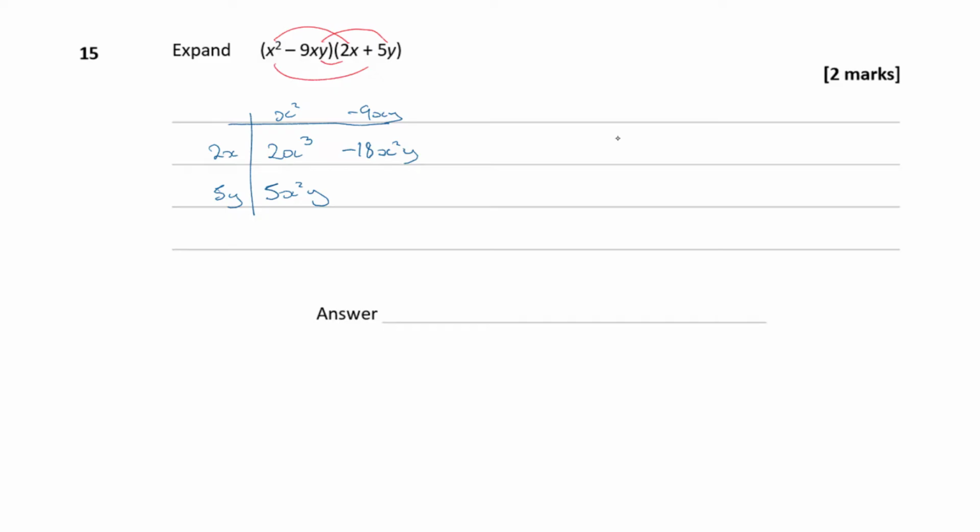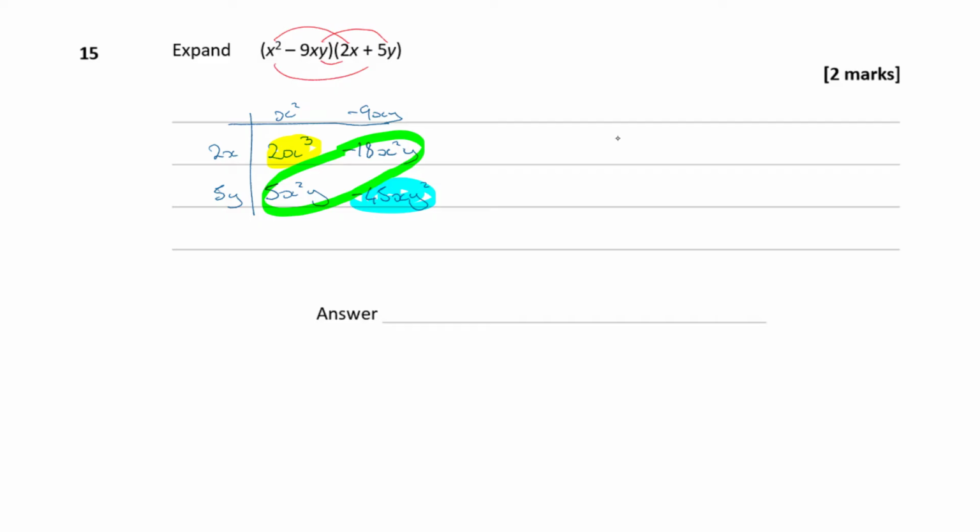And 5y times minus 9xy, that's going to give me negative 45xy squared. Okay, so notice I've got one term in x cubed, I've got two terms in x squared y, and I've got one term in xy squared.